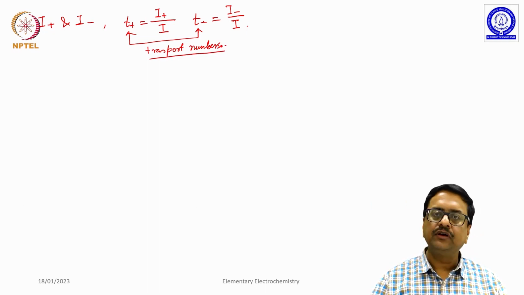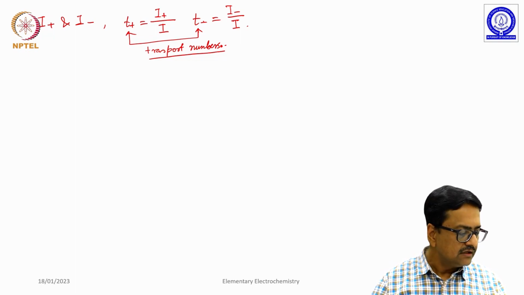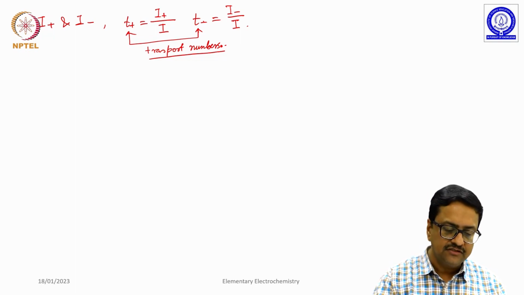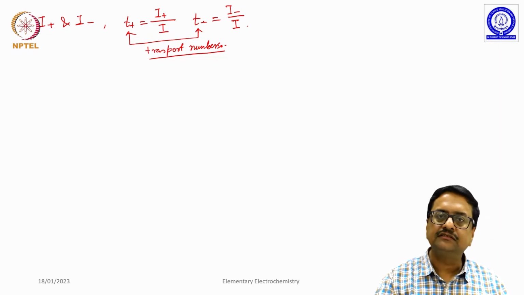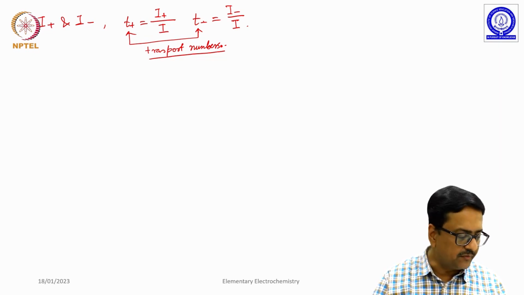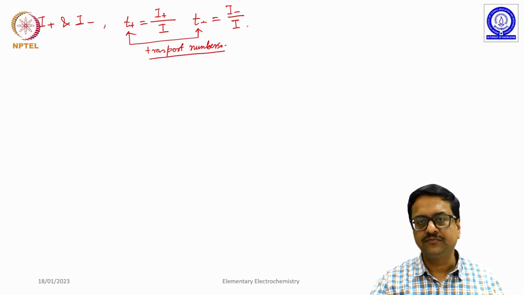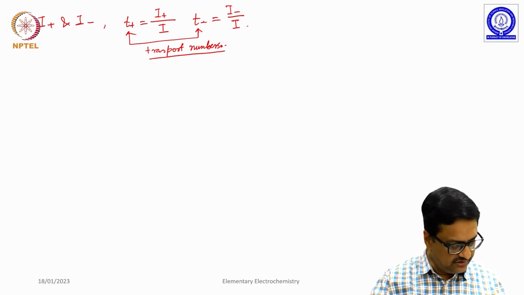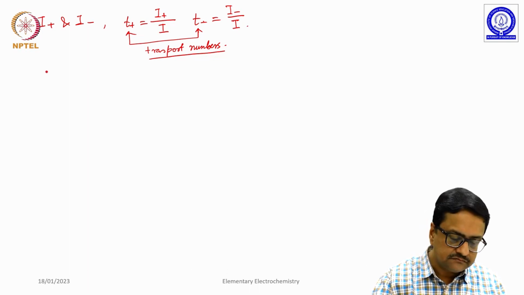So, now I am going to give you a list of transport numbers for the cations for a series of electrolytes. These numbers are taken from a textbook, but we will require these numbers in future. That is why I am listing them out.